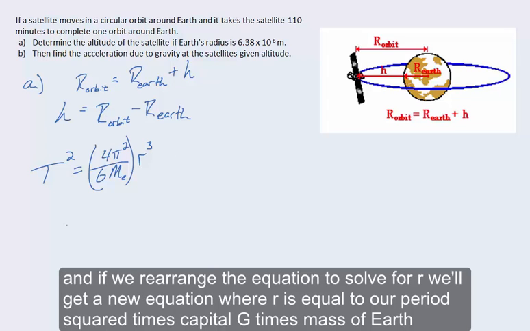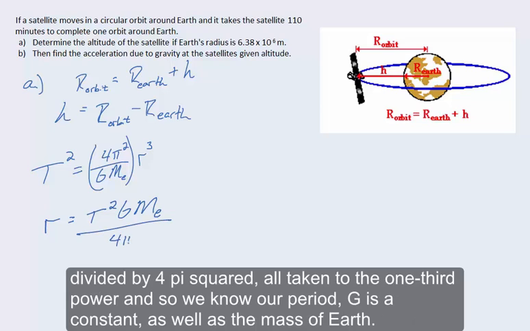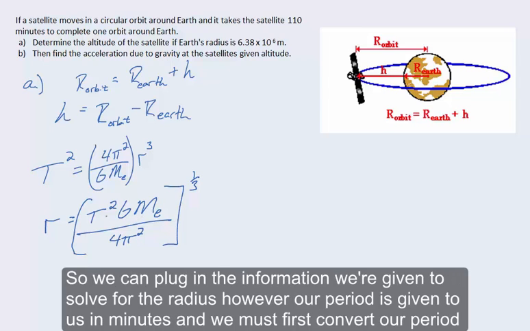If we rearrange the equation to solve for r, we get r is equal to our period squared times capital G times the mass of Earth divided by 4 pi squared, all taken to the 1/3 power. We know our period, and G is a constant, as well as the mass of Earth. So we can plug in the information we're given to solve for our radius.